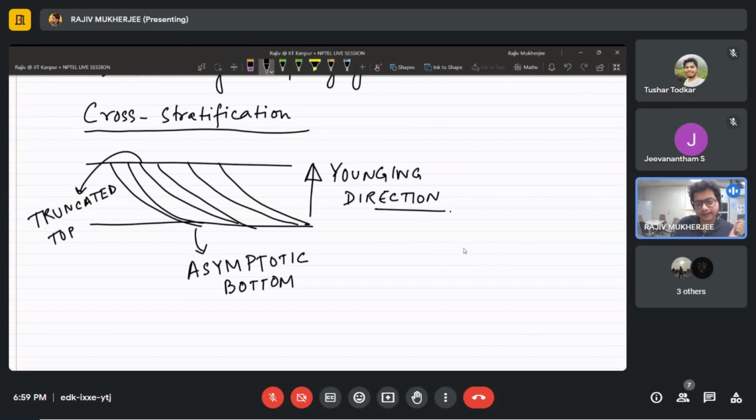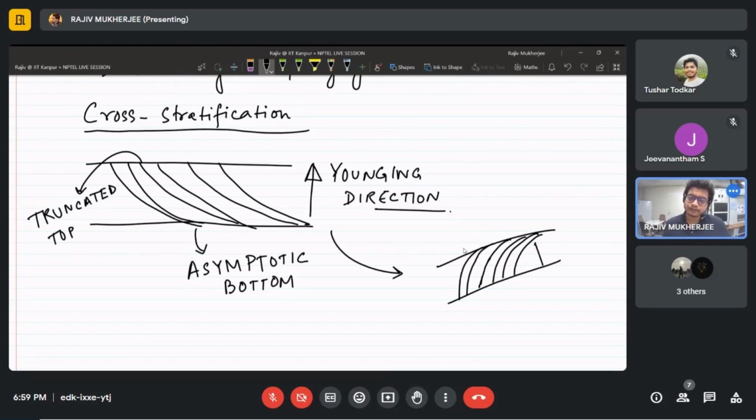So if you find a sequence like this, then this should be the Younging direction.